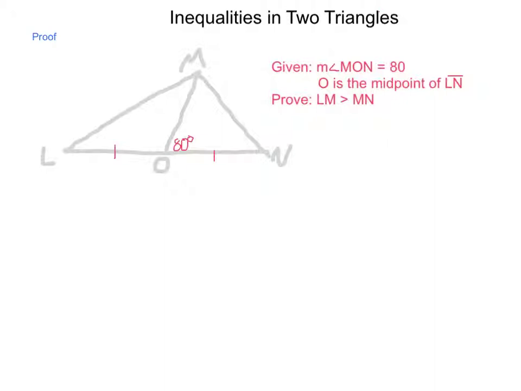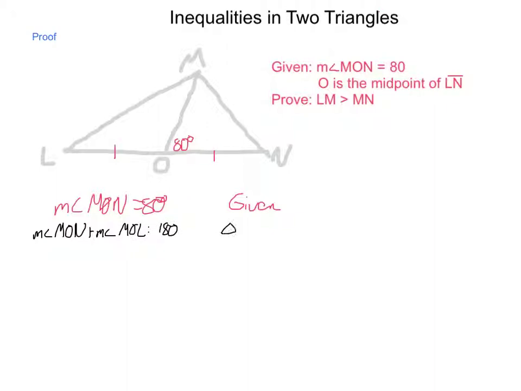Well, first, the measure of angle MON equals 80 degrees. That's given. Next, the measure of angle MON plus the measure of angle MOL has to equal 180. And that's your triangle angle sum theorem.